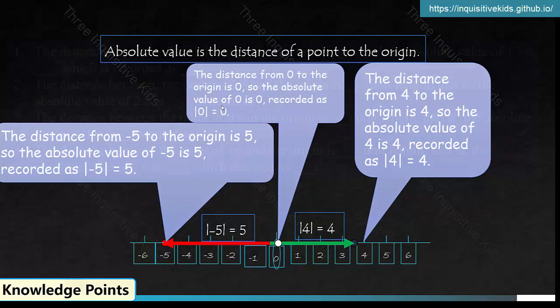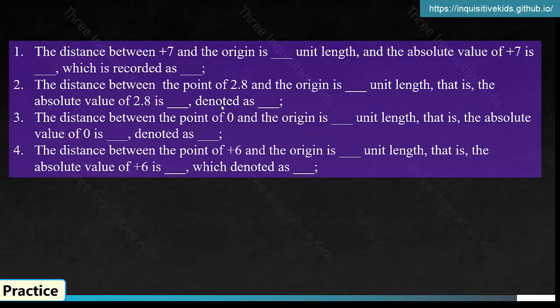Let's do some practice. The distance between positive 7 and the origin is 7 unit lengths because it takes 7 unit lengths to get to 0. And the absolute value of positive 7 is 7, which is recorded as this. The distance between the point of 2.8 and the origin is 2.8 unit lengths. That is, the absolute value of 2.8 is 2.8, denoted as this.